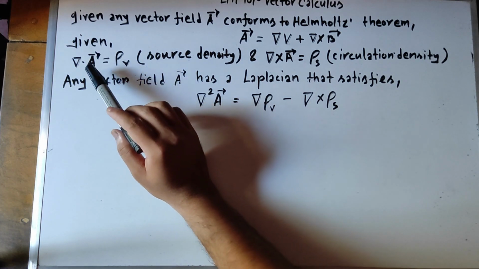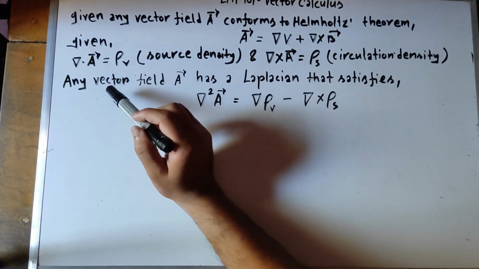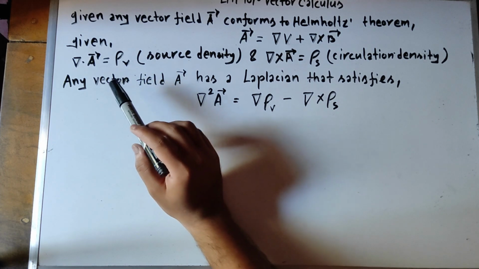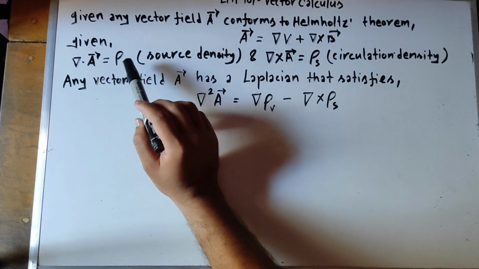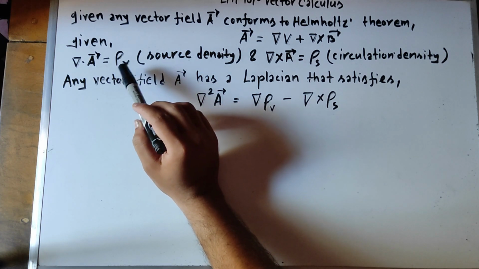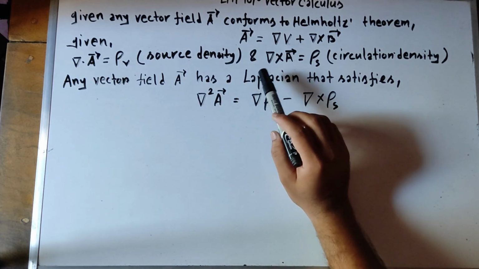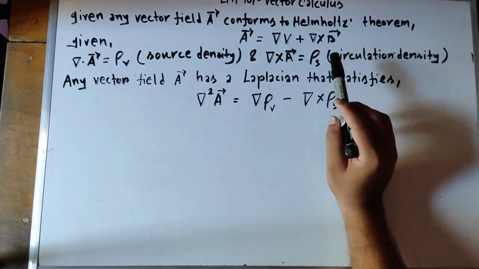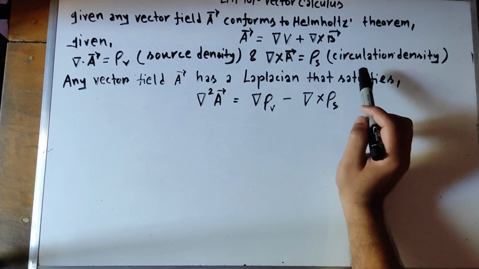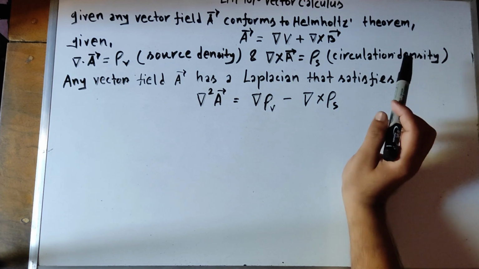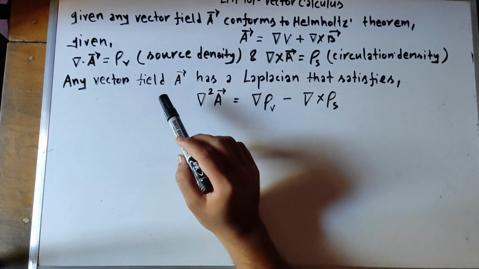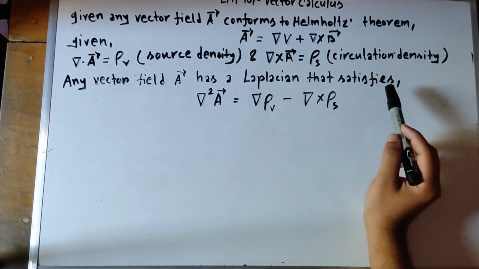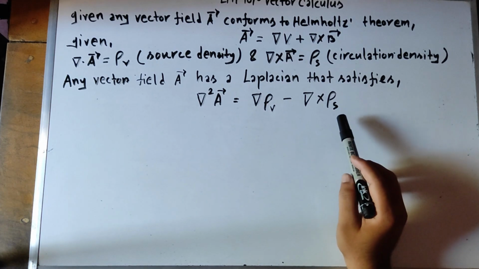Given the divergence of that vector A equals a source density rho v, and the curl of the vector equals rho s, which is the circulation density, any vector field A has a Laplacian that satisfies this relation.